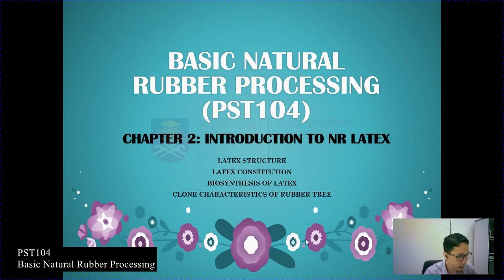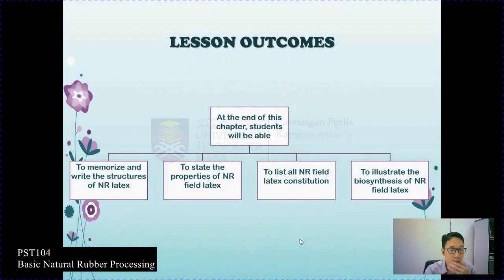So in this chapter, they are further divided into 4 subchapters: the first one is latex structure, latex constitution, biosynthesis of latex, and clone characteristic of rubber tree. So the lesson outcome for this chapter, at the end of the chapter, you should be able to memorize and write the structure of natural rubber latex.